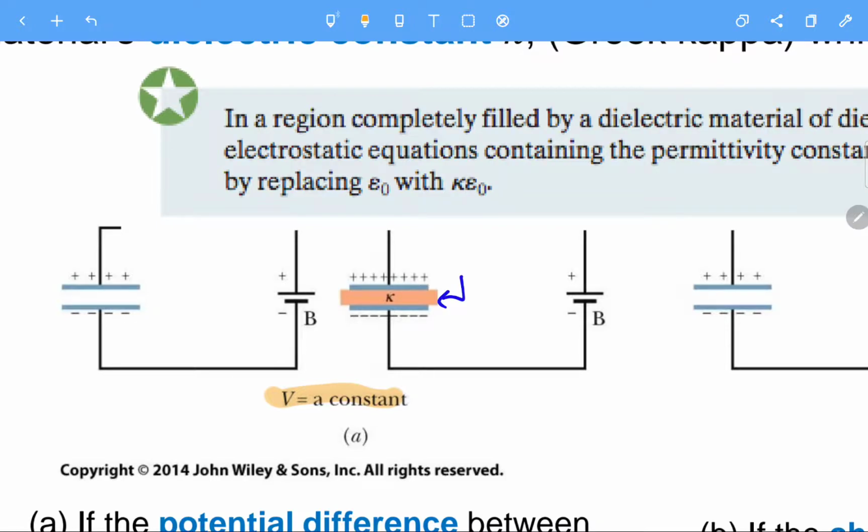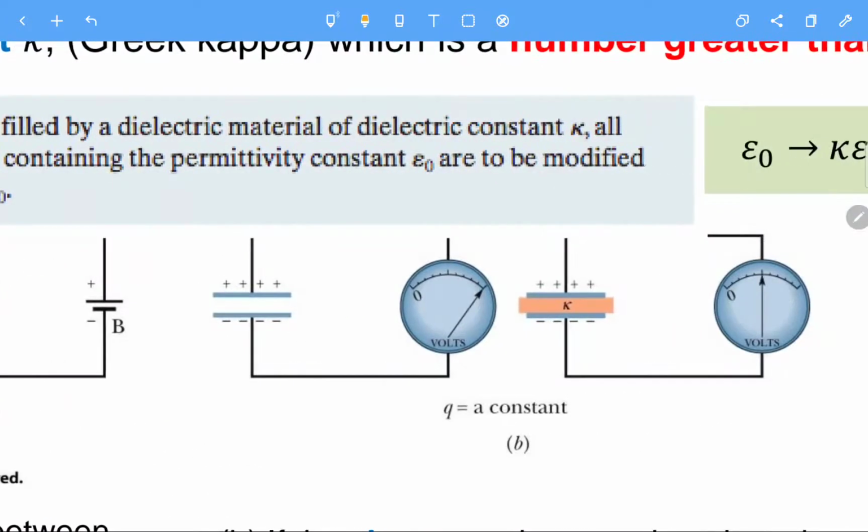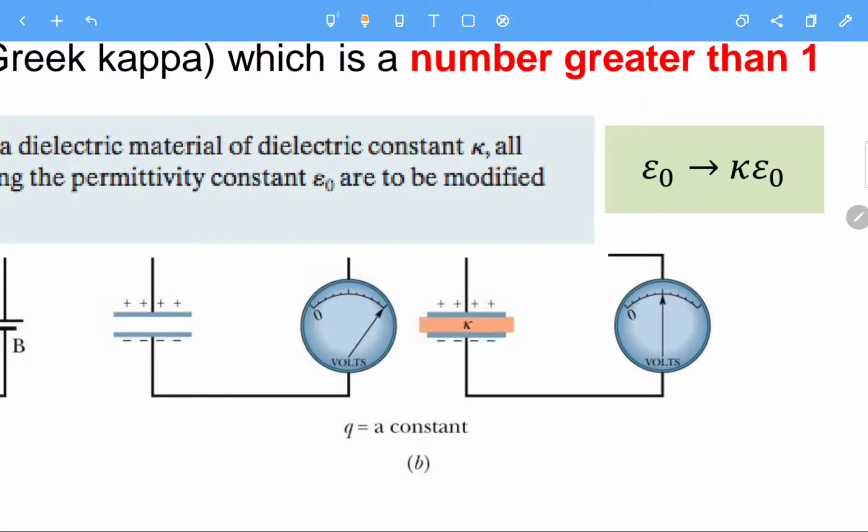The charge here increases, which means the C really increases. Or in another way, suppose we have already stored some charge here, and then we measure the voltage, and if we insert the dielectric in between, the voltage decreases.